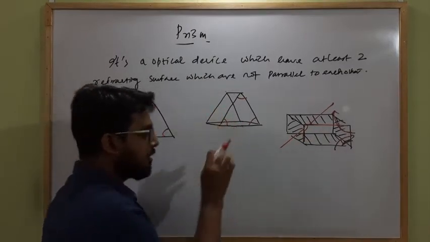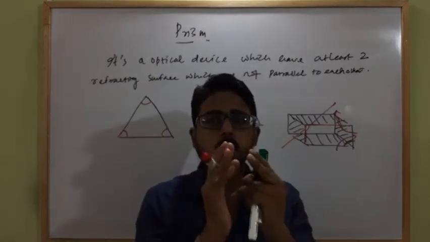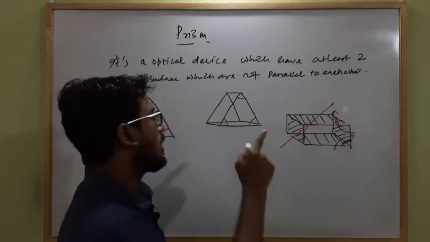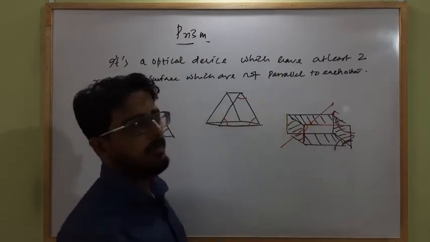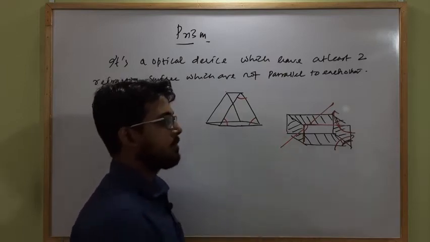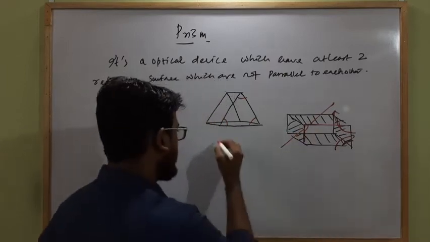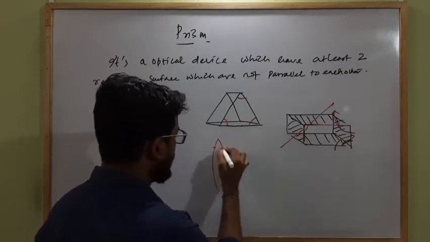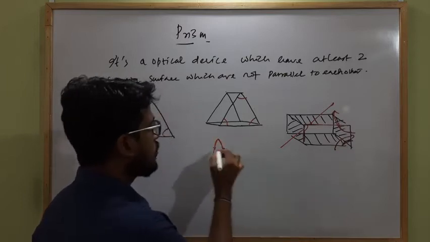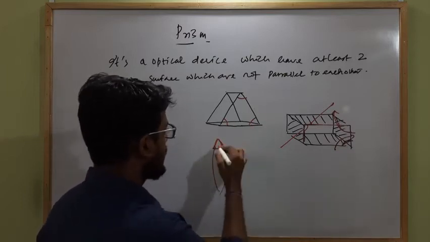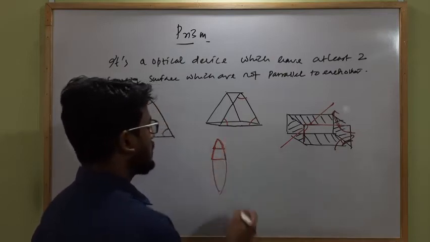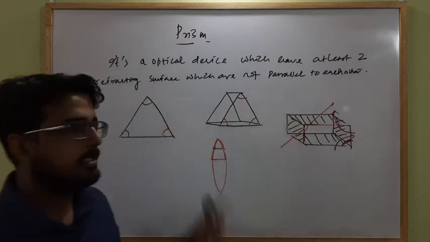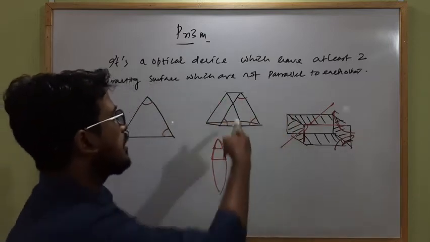So a prism is something which has at least two inclined refracting surfaces. Maybe more than that are present, but at least two inclined refracting surfaces, then it behaves as a prism. So a glass slab can also behave as a prism, and a lens can also behave as a prism, because in a lens the two refracting surfaces are inclined to each other, not parallel. So this small portion can behave as a prism, and this large portion can behave as a prism. This is the general diagram of a prism.